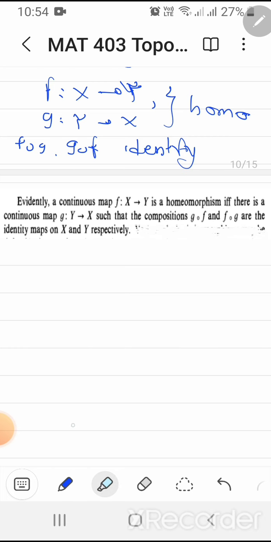Let us see the result. A continuous map f from X to Y is a homeomorphism if and only if there is a continuous map g from Y to X such that the compositions g o f and f o g are the identity maps on X and Y respectively.